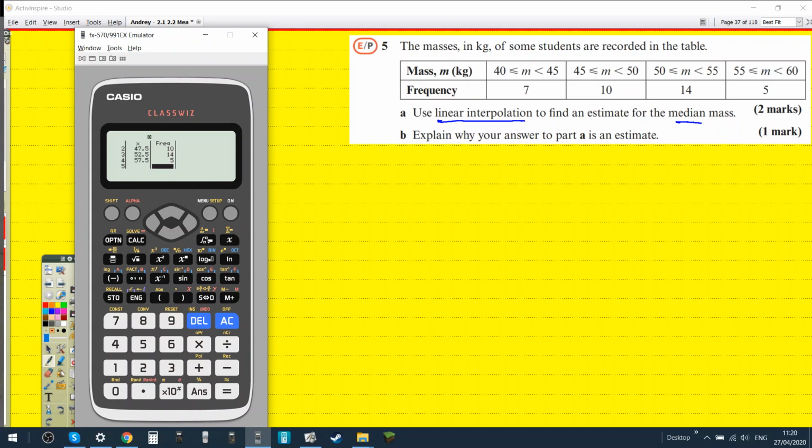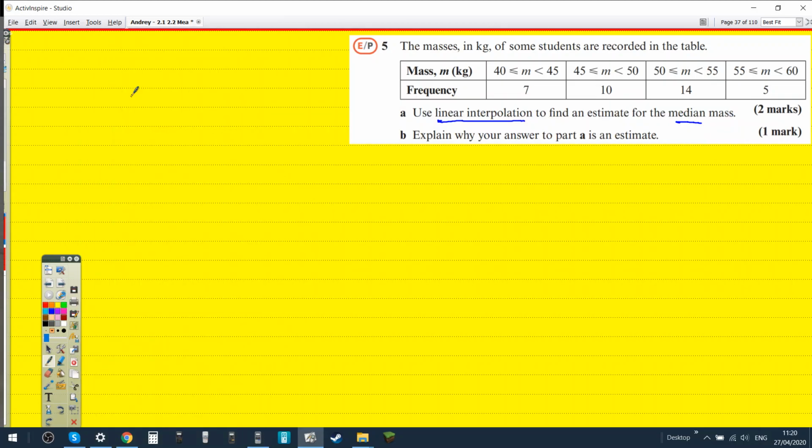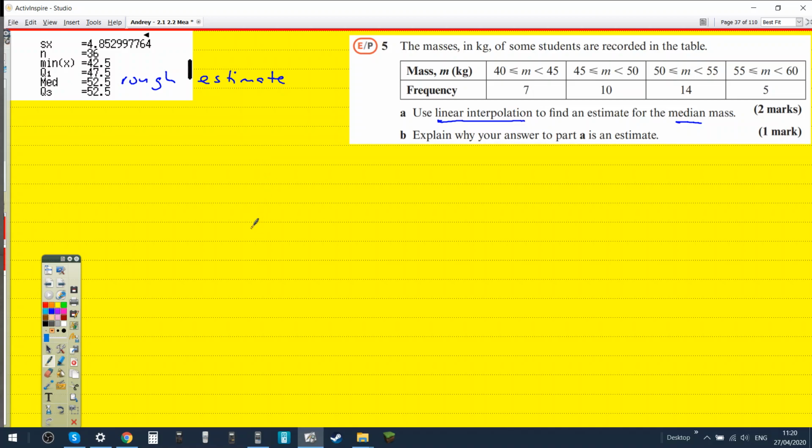Would I have to add up all the frequencies and then divide that by 2? Yep, because it's the median. So if I did 36 divided by 2, would that give me the median? That would give you the position of the median, yeah.